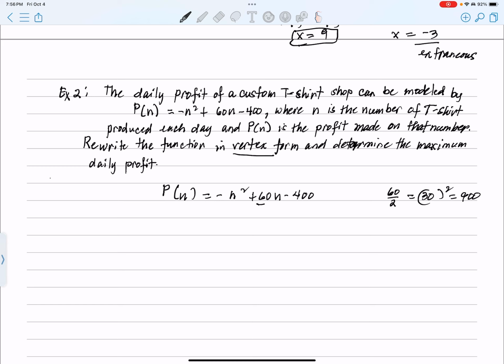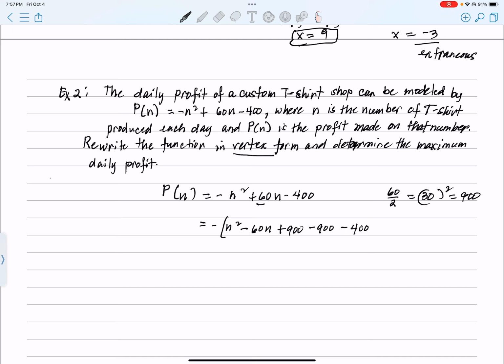Alright. So now I could write down negative (n squared minus 60n), and if I write it in a parenthesis, that means this is now a negative 60n. I will add 900 and subtract as well. That's step 3. Add and subtract. Then minus 400.